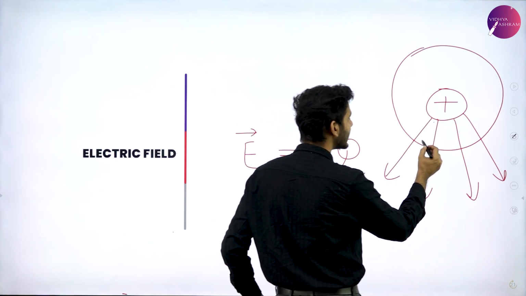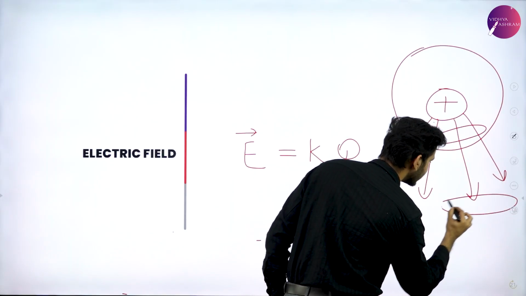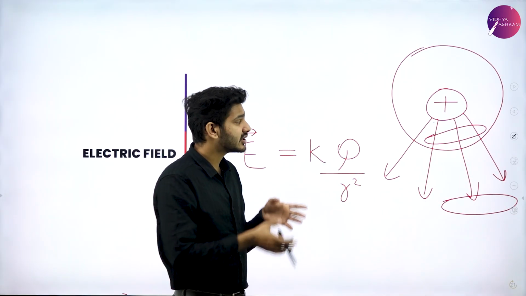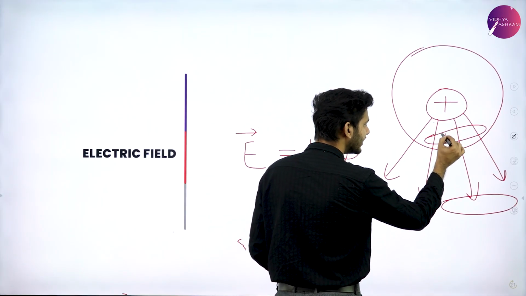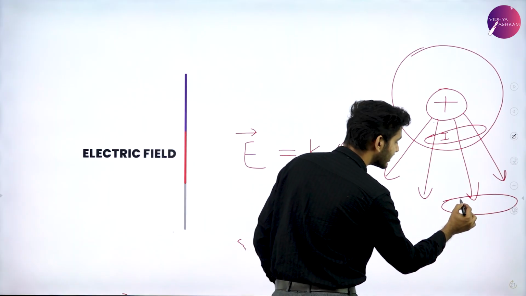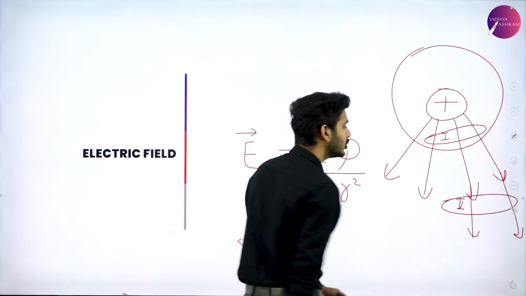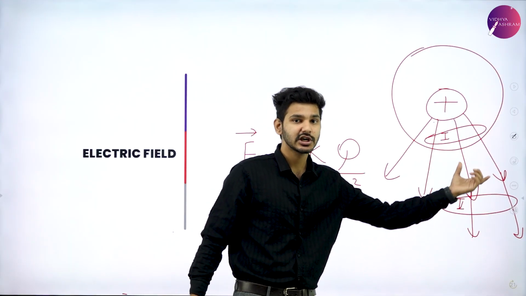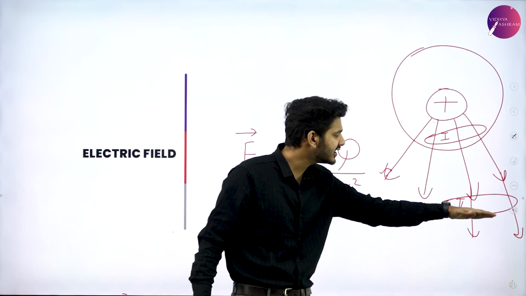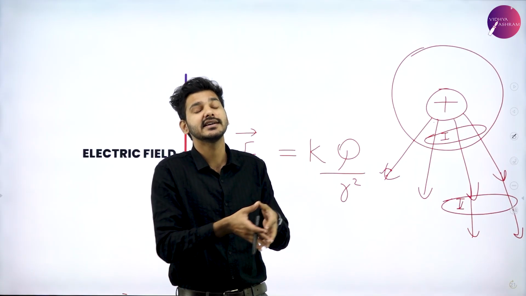And if we take an area here and an area here, which are the same, you can see that the number of field lines penetrating region 1 is more compared to region 2. If, let's say, 2 field lines are barely penetrating it, here there are 3 field lines. So as the distance increases, the field lines, or the strength of the electric field, decrease.